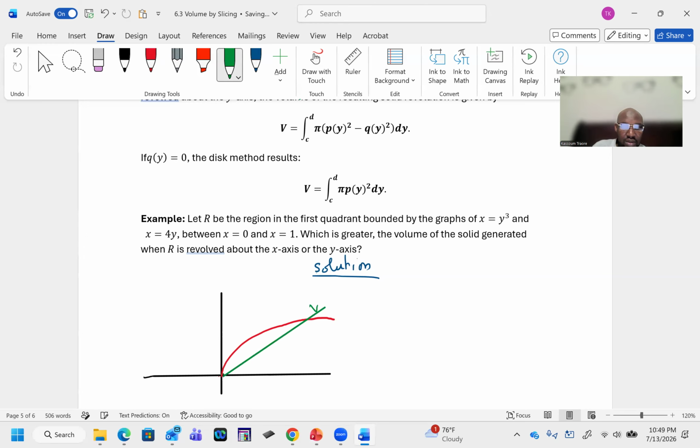So this is like p(y) equals 4y, okay? And then the red one is like q(y) equals y cubed, okay? Don't mind my graph.